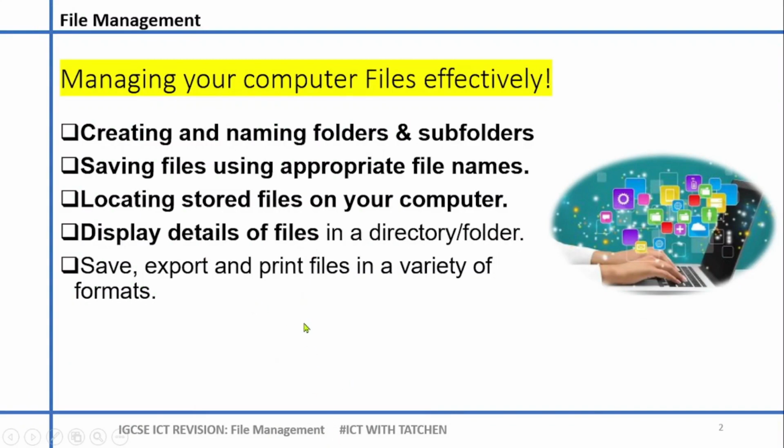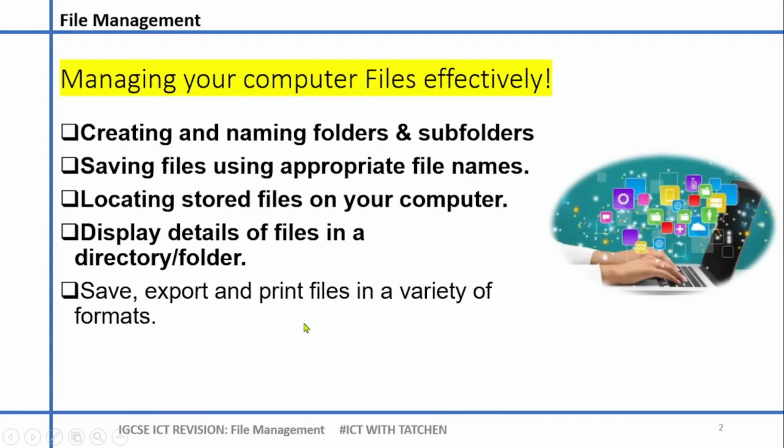Next thing we need to do is how to display the details of files in a directory or folder. So this goes to at some point when you do your exam, there are cases where you'll be asked to do this. So let's look at how you can go about that.